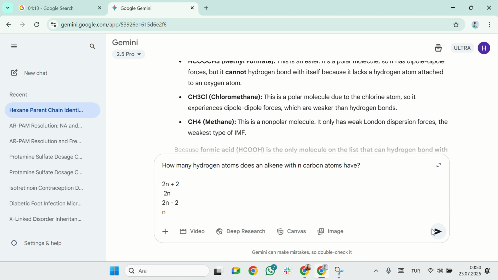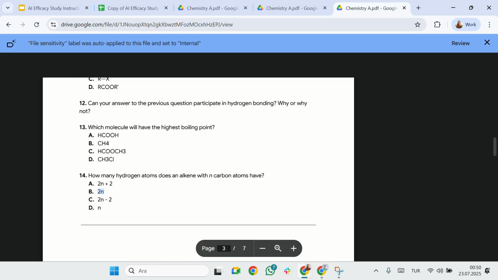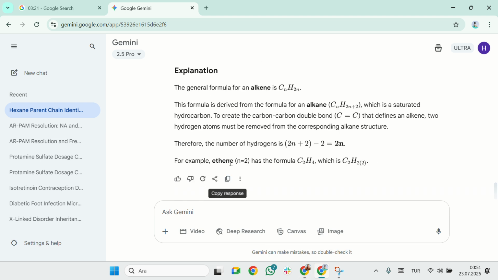Okay. How many hydrogen atoms does an alkane with N carbon atoms have? 2N. Okay.